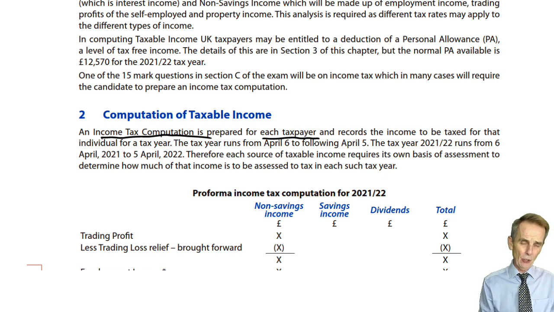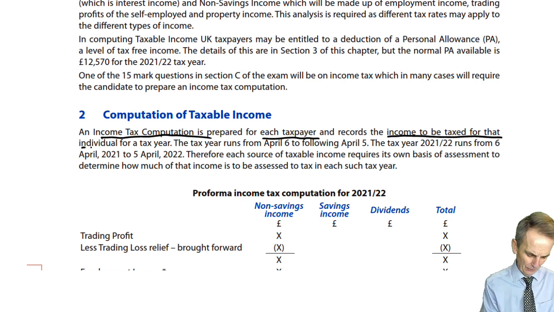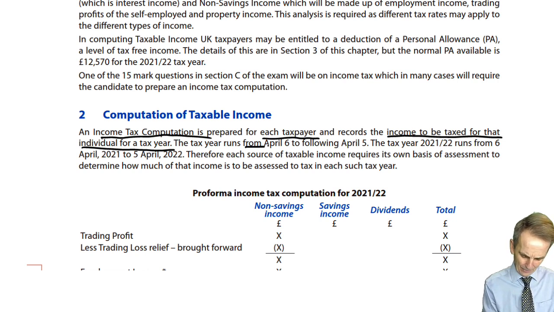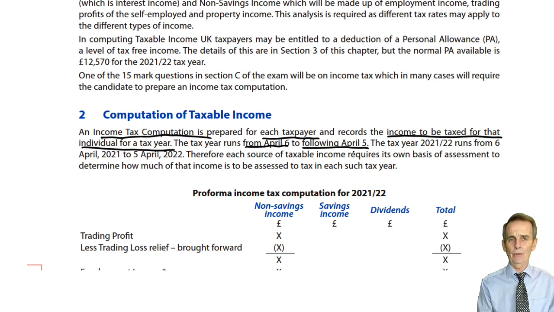And this income tax computation will record for each of us taxpayers the income to be taxed for that individual for a tax year. And as I said, the tax year goes back in history in terms of where these dates come from, but runs from April the 6th through to the following April 5th.